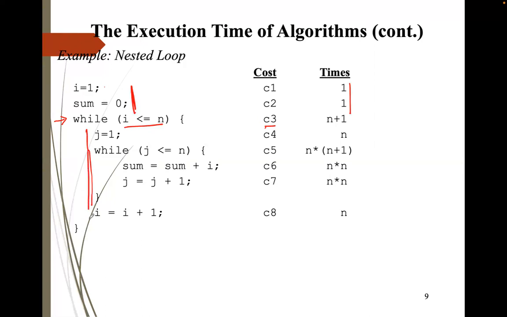Inside this loop we have this body, and everything here is going to run n times. But what happens when we see another loop? Here we have another inner loop. This loop is going to run n times n plus 1 times, because here we're entering another loop.